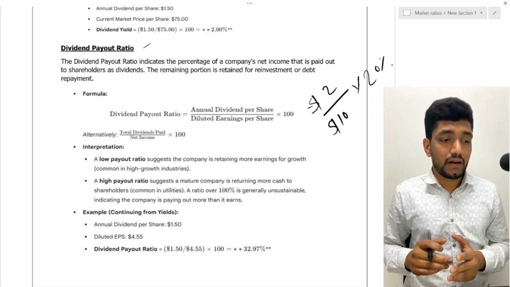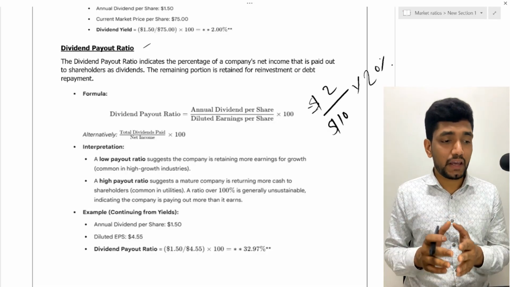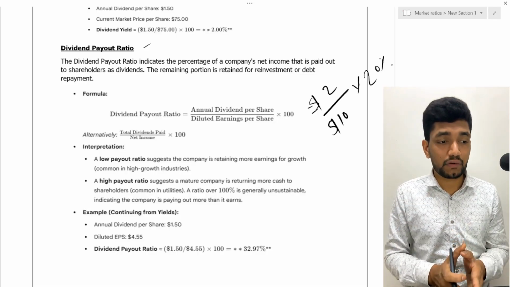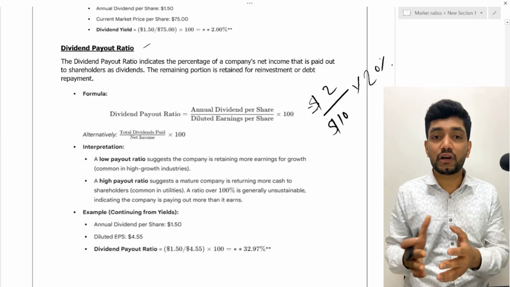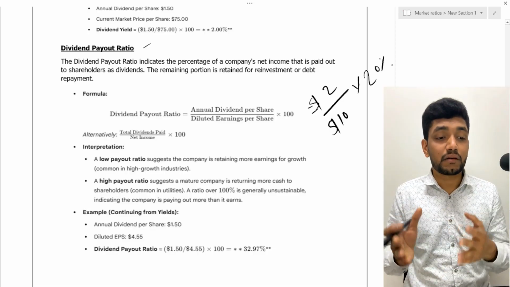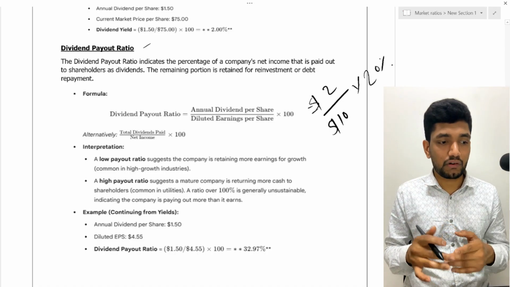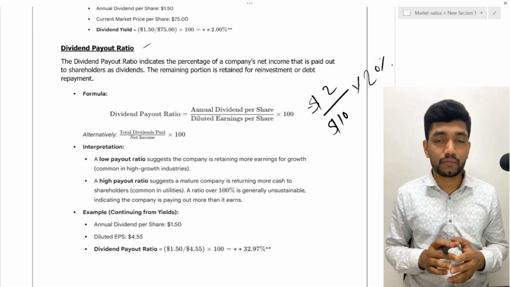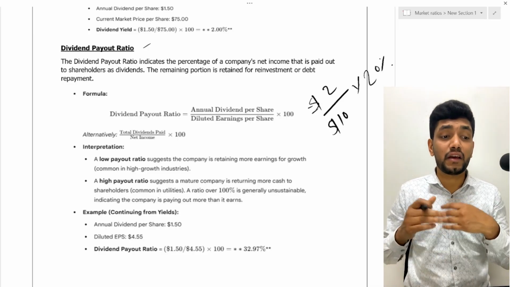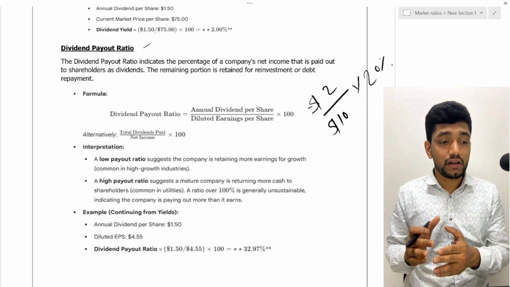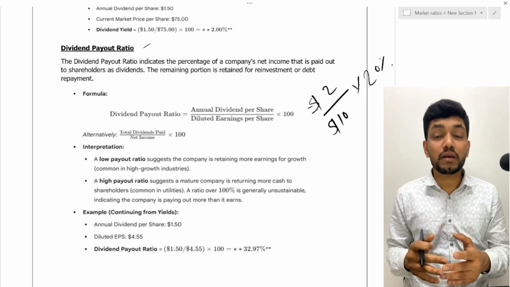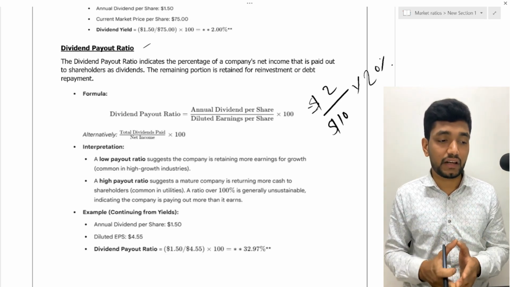A high payout ratio suggests that the company's expansion has already matured and it is returning more cash to its common equity shareholders. If the company is paying an annual dividend more than its earnings, it may not be sustainable.